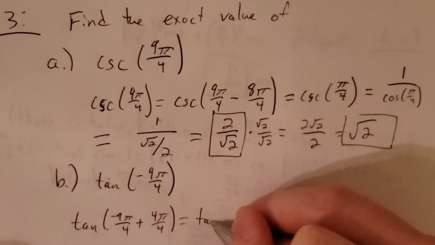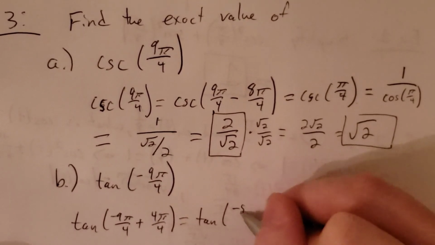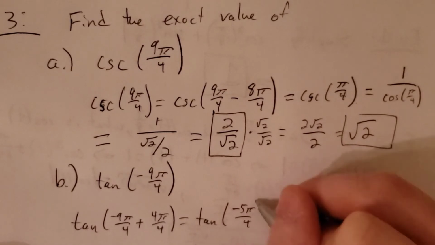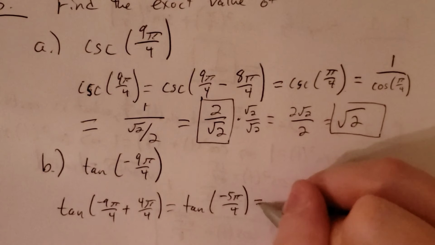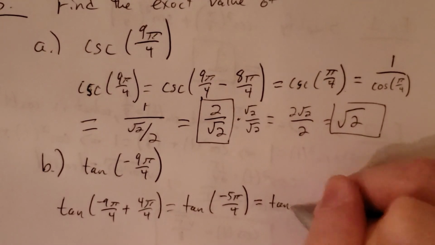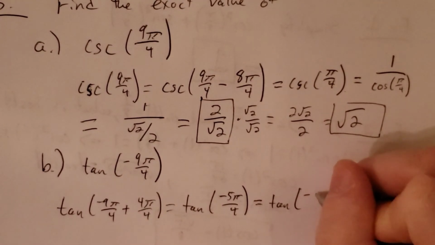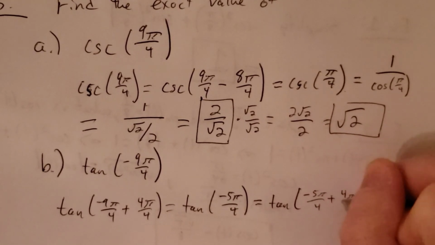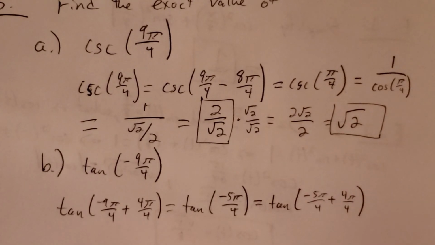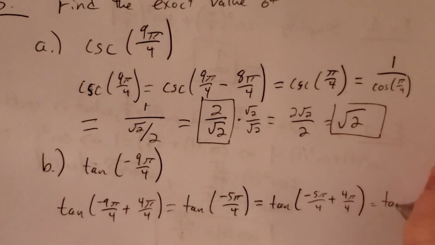That is tangent of negative 5 pi over 4. Okay, we can add pi again. So negative 5 pi over 4 plus 4 pi over 4. This is tangent of negative pi over 4.